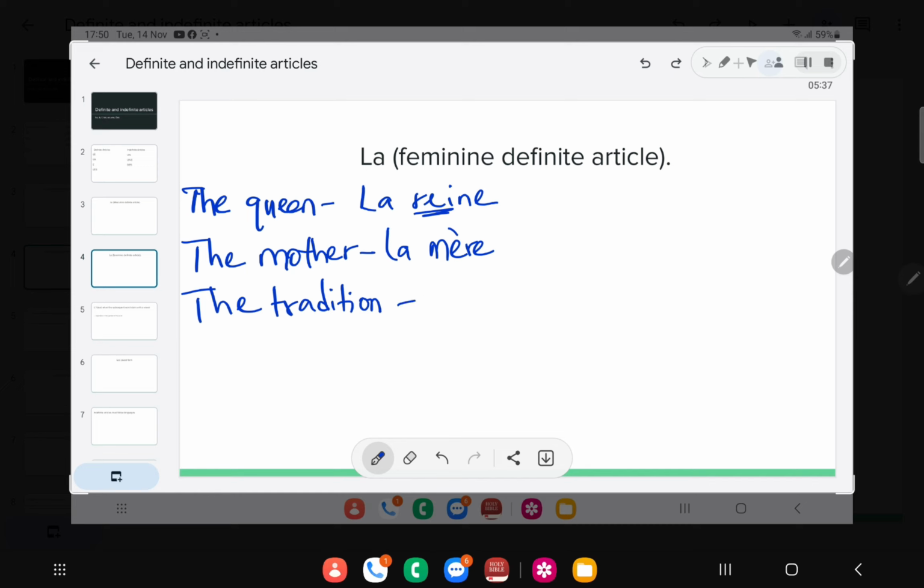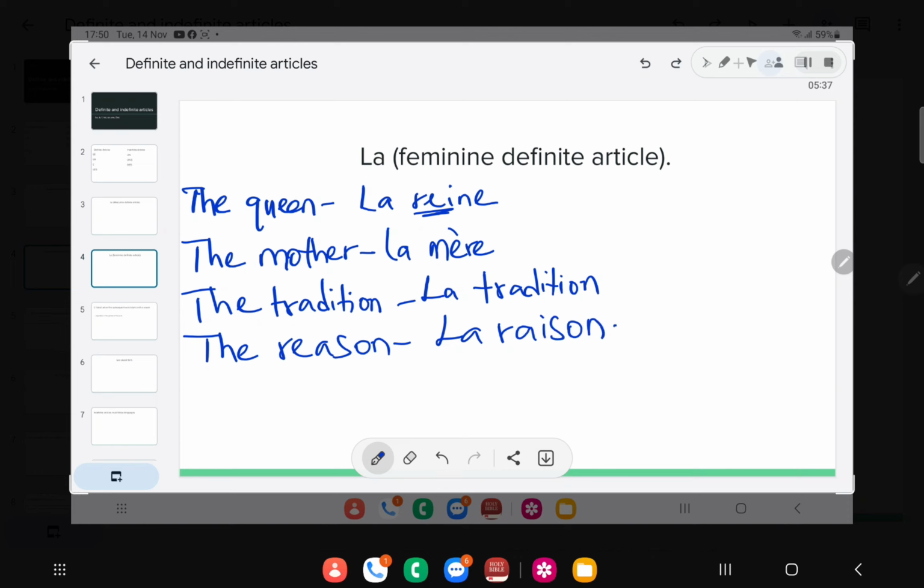Tradition is a feminine word, so this will be la tradition. Last example will be the reason. The word reason is a feminine word, so this will be la raison. So I hope that's clear now.